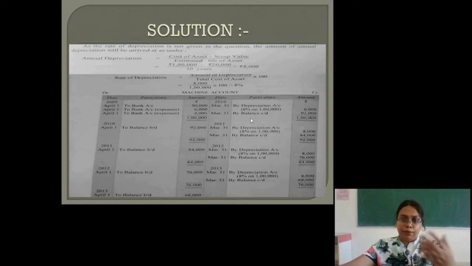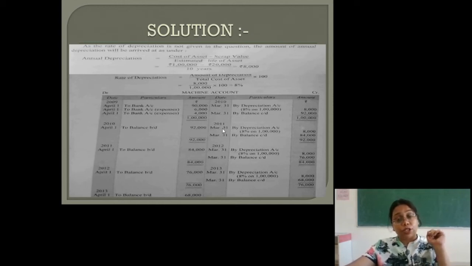We will do the same process for the next 3 years. We will bring the balance to next year. So to balance brought down rupees 92,000.